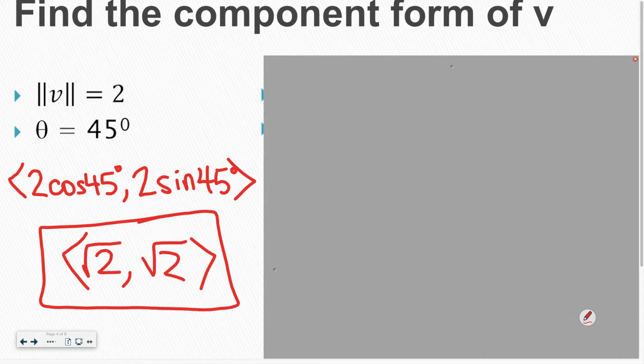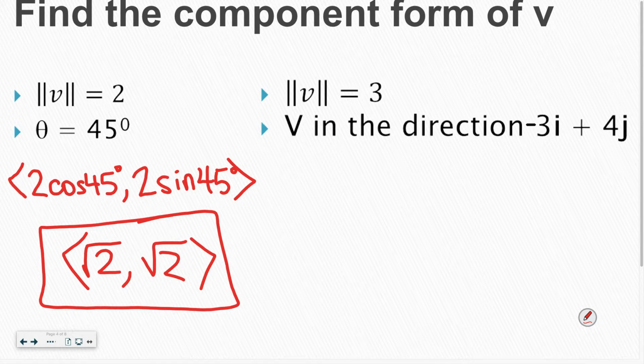Okay. Go ahead and write this one down. We're doing the same thing, but I'm giving you slightly different information. Okay. So I give you the magnitude, but then I give you a different vector.